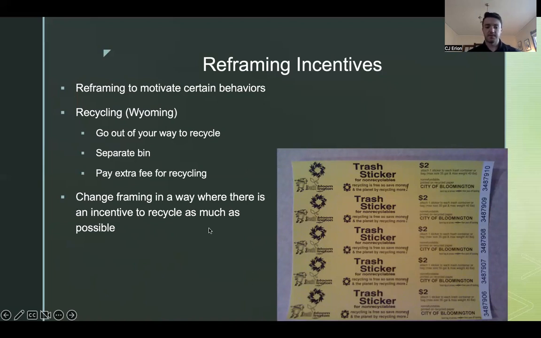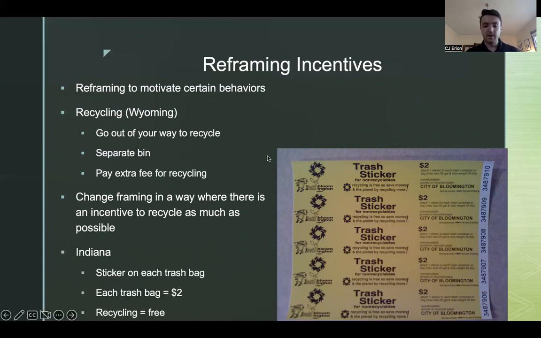However, we can change the way certain incentives are framed to make people more motivated to recycle. So, for example, my advisor here, where he went to grad school in Indiana, they had a system where for each trash bag, they would have to put one of these stickers on it.